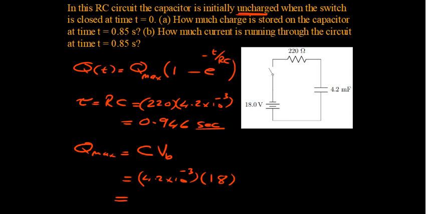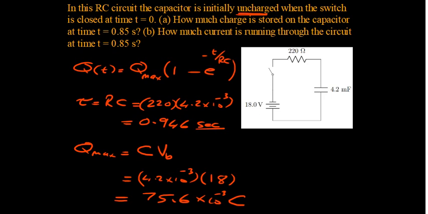Doing the calculation, that will give us 75.6 10 to the power minus 3 coulomb, or 75.6 millicoulomb.